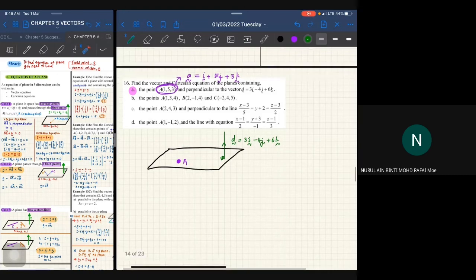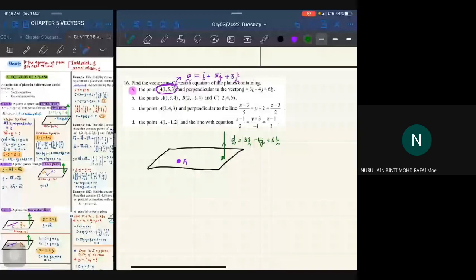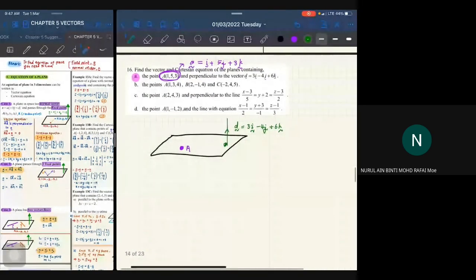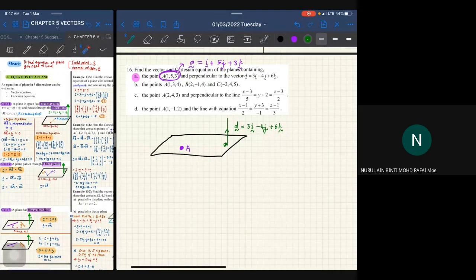Okay, so in order for you to find the equation of a plane, awak mesti ada dua benda yang penting. The first one you need to have a fixed point and the second one you need to have your normal vector. Okay, so awak punya fixed point dah settle. So what about your normal vector? Dah jumpa pada normal vector kita?